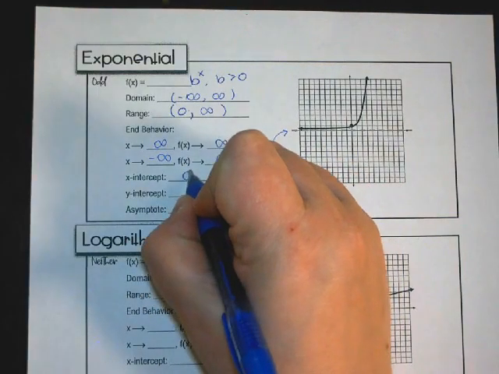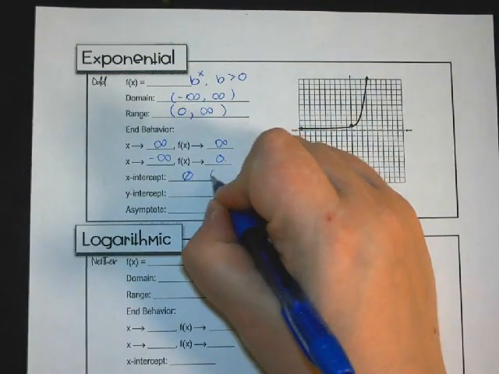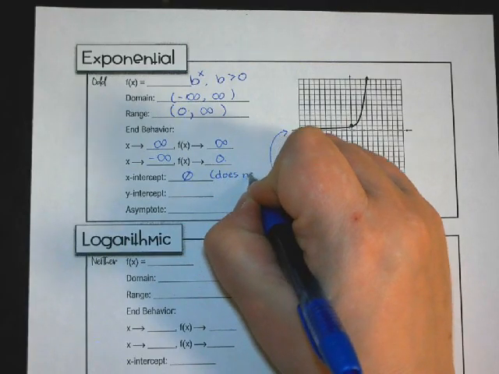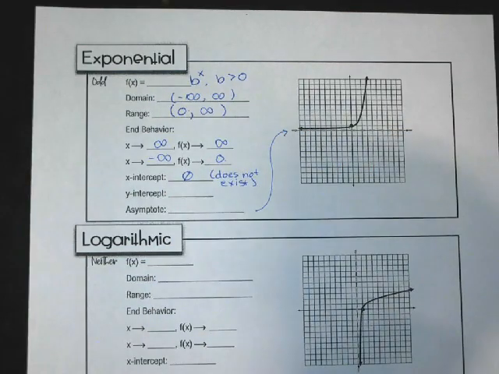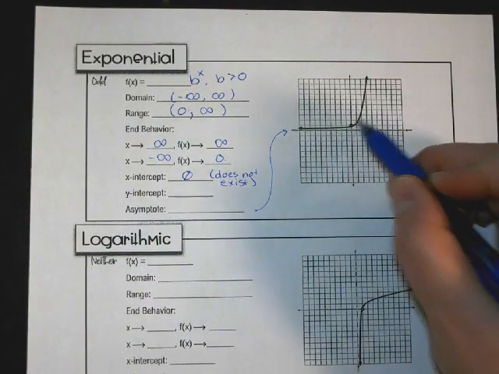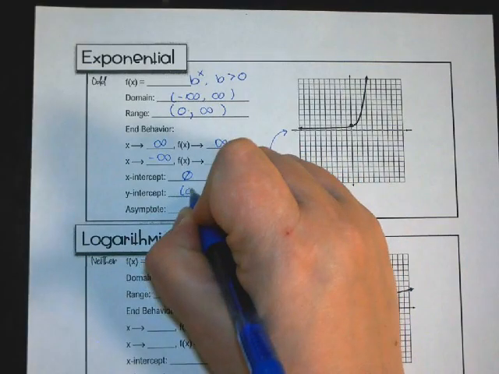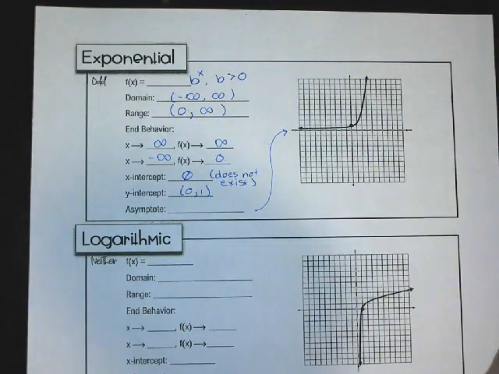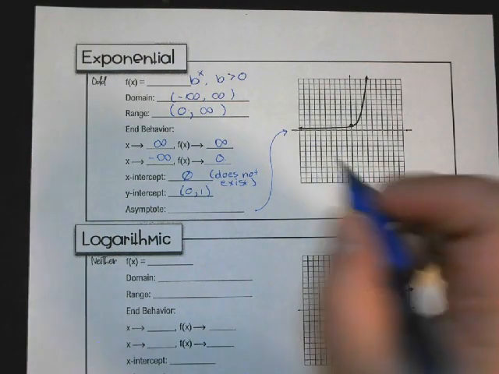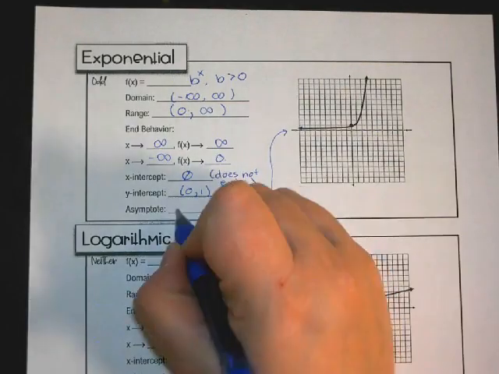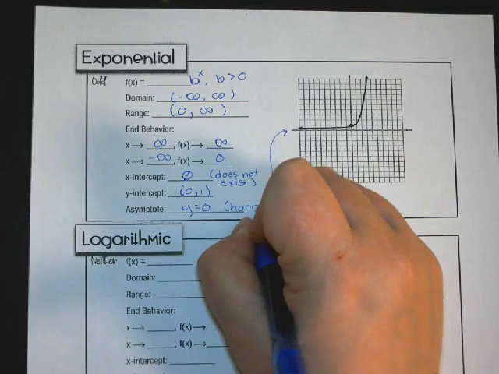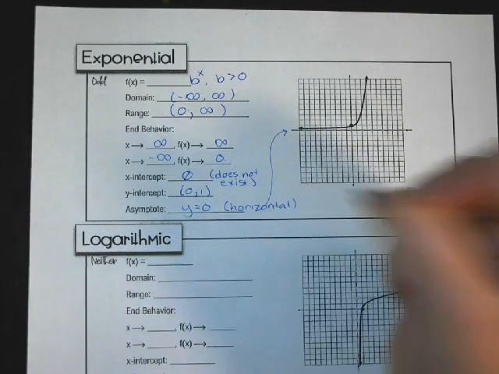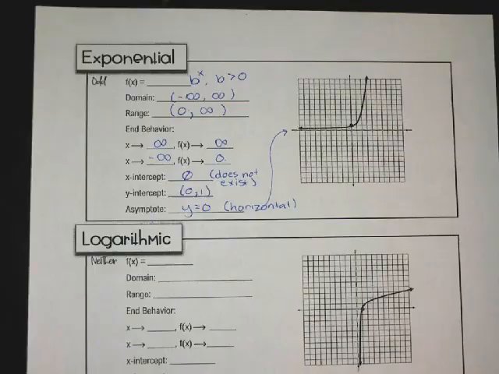So I'm going to say this does not exist for my x-intercept, but my y-intercept right here is actually going to be at the point 0, 1. So that's a little bit different, and now I have a place for an asymptote. Well, my asymptote here is going to be at y equals 0, which is going to make it a horizontal asymptote.